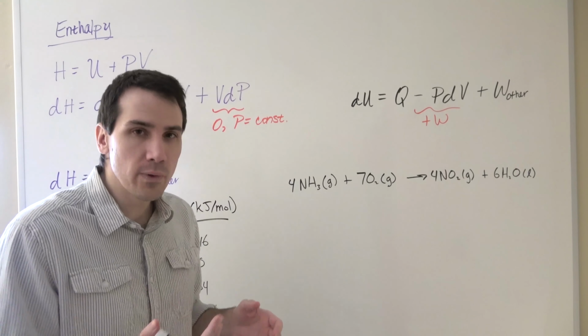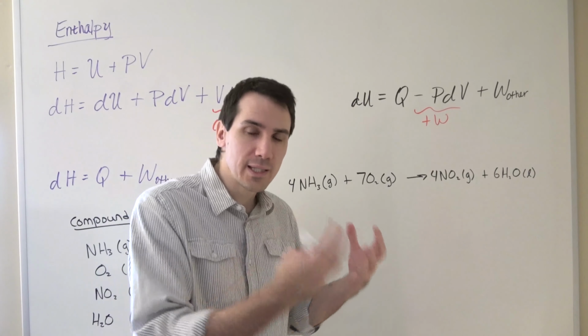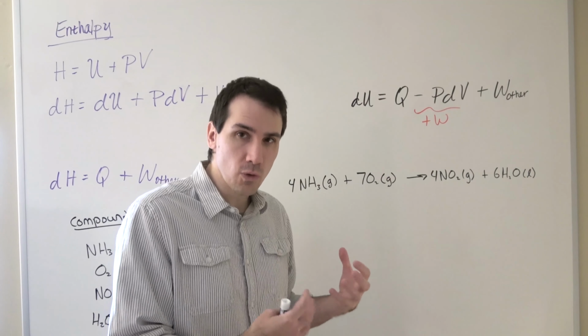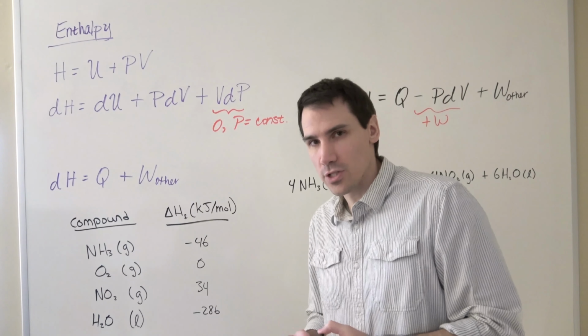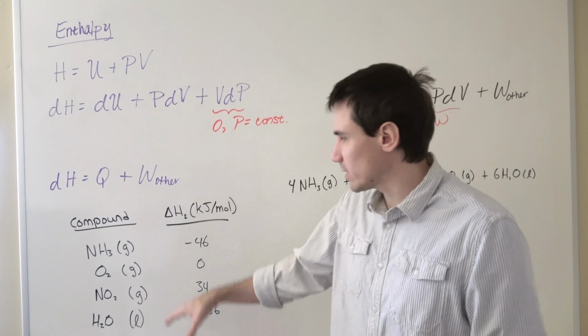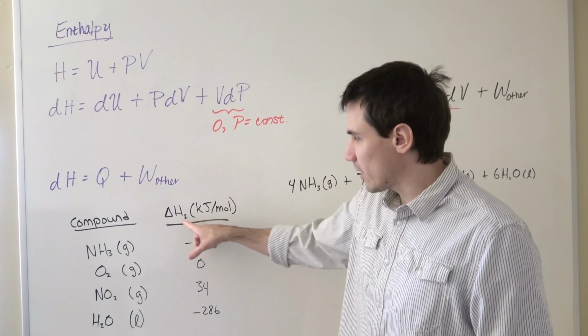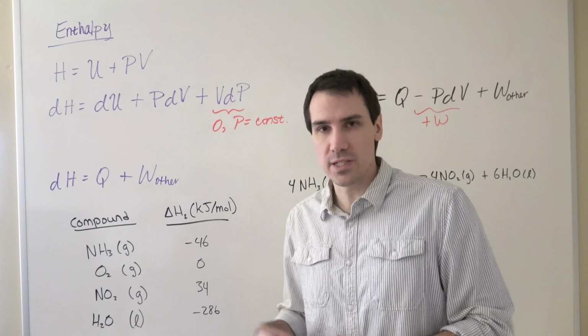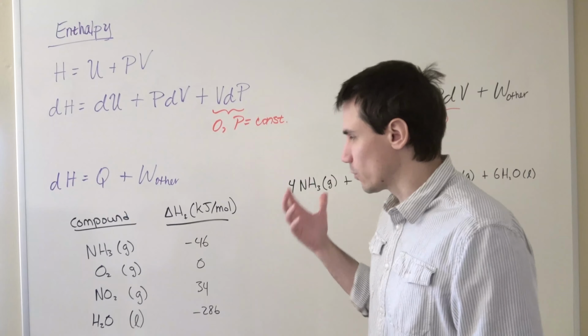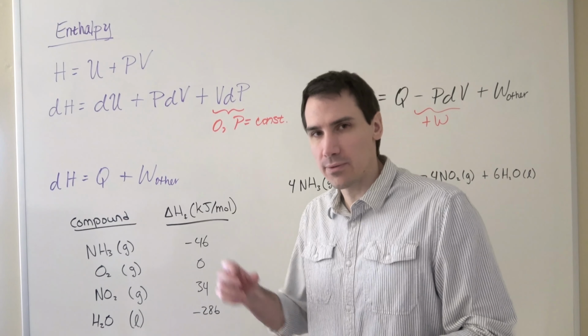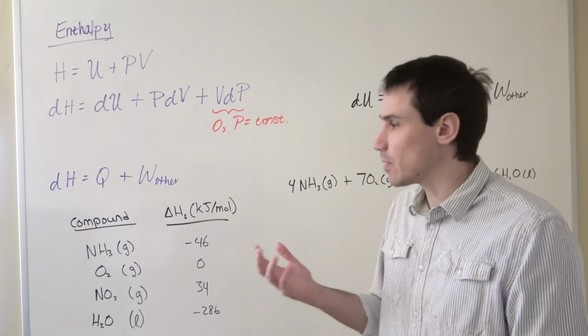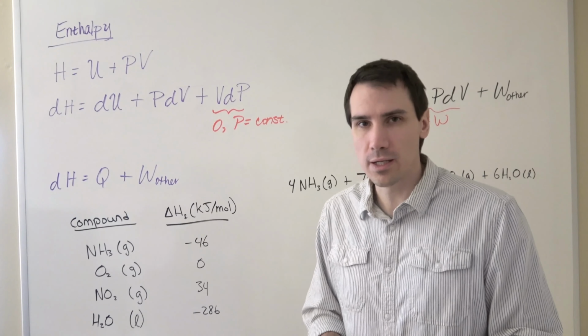Okay, so what we want to do is figure out how much heat would be given off or absorbed throughout this process. To find out the change in enthalpy of this reaction, we have a table here. We have the enthalpy, the small f stands for the enthalpy of formation, the enthalpy to create this compound out of the most stable possible form of each element.